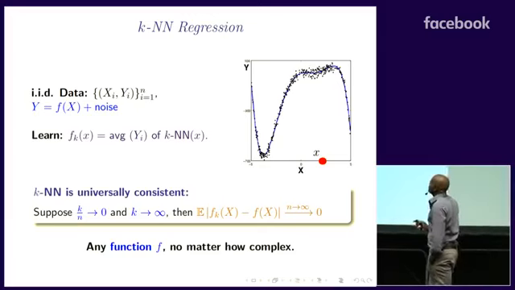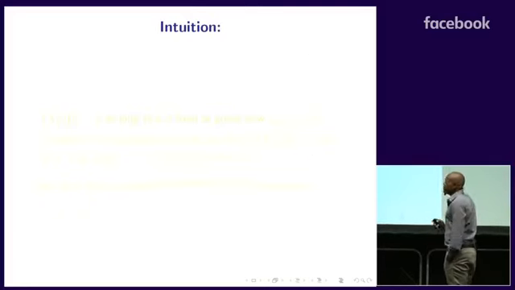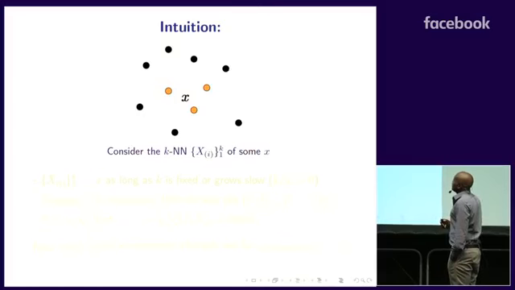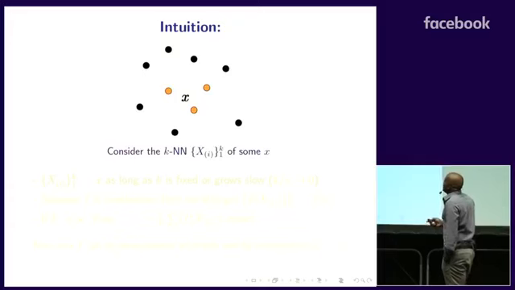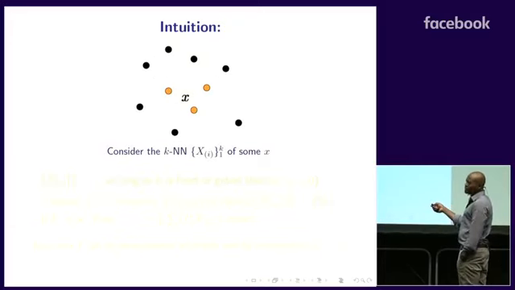So why is that? The basic intuition is as follows. I'll try to go through it slowly. Let's consider again this cartoon. Here is x. Here are its nearest neighbors from the sample. I'll denote the nearest neighbors xi, 1 through k, for this x. This is a sample of a particular size, and the nearest neighbors are so far from x.